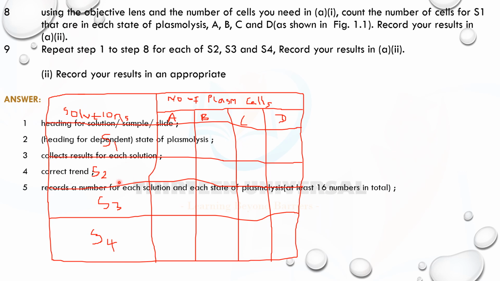Correct trend means the higher the concentration of the solution, the more plasmolized cells we're going to see. Record a number for each solution, each state of plasmolysis, at least 16 numbers in total. That's what we're looking at. So you record it for each of them based on what you have.